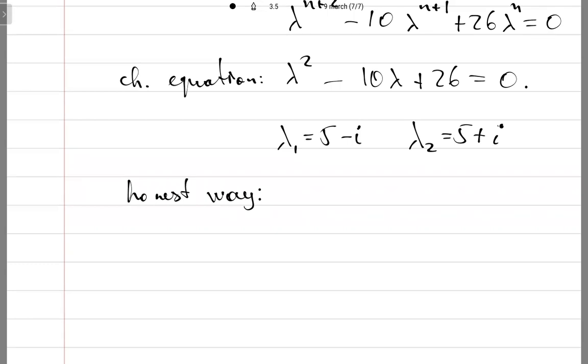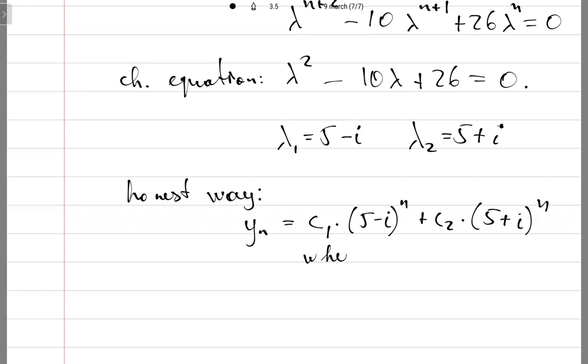I don't see the point, because in an honest way, we may write it like this: y_n is c1 times (5 minus i) to the power n plus c2 times (5 plus i) to the power n, where c1 and c2 are complex conjugate, and they belong to the set of complex numbers.